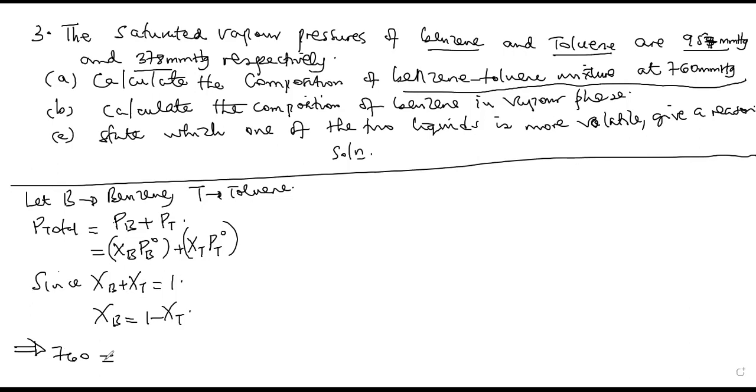760 millimeters of mercury, which is equal to, I substitute here, partial pressure. For benzene, we've gotten XB as 1 minus XT. So it will be 957, partial pressure of benzene, 957 times XB, which is 1 minus XT.